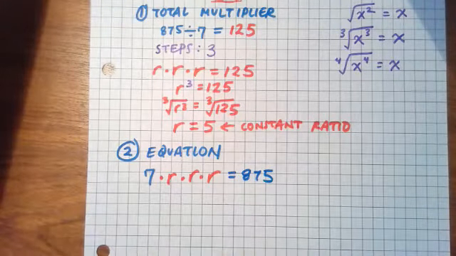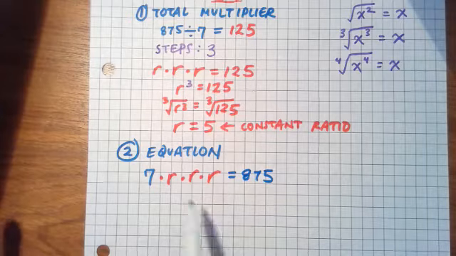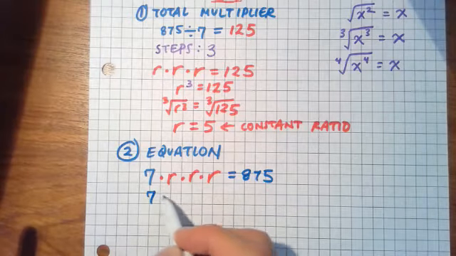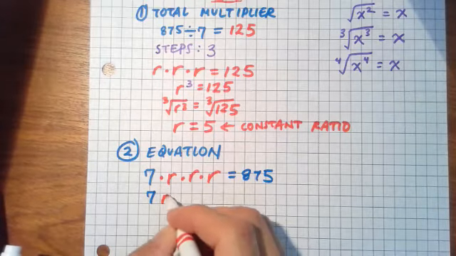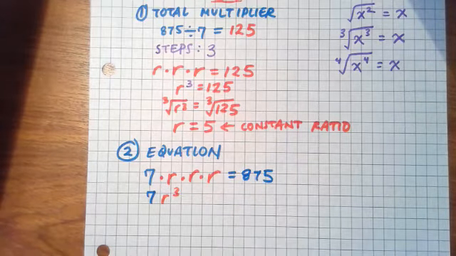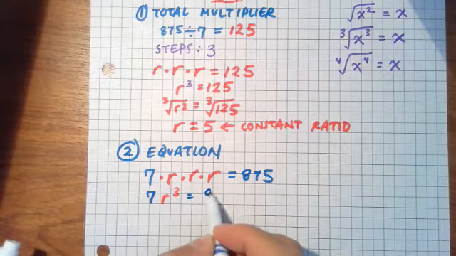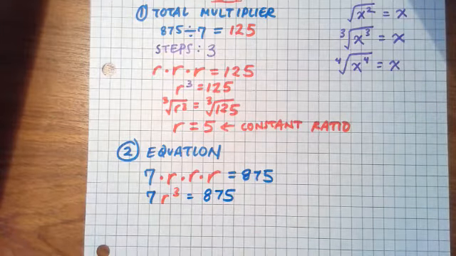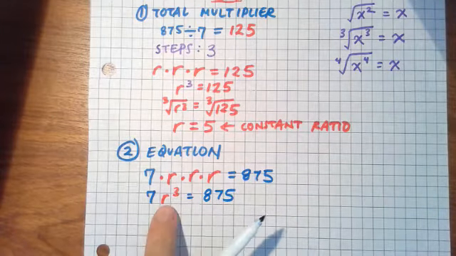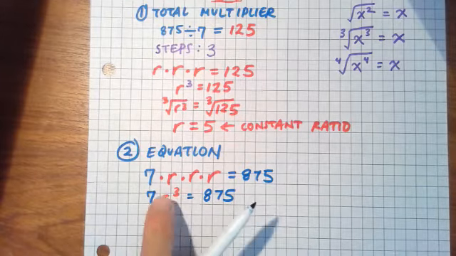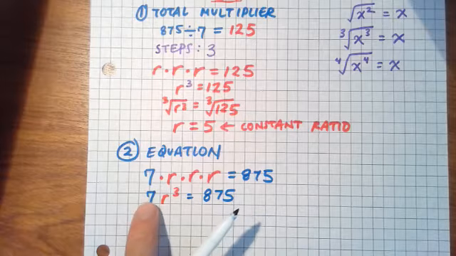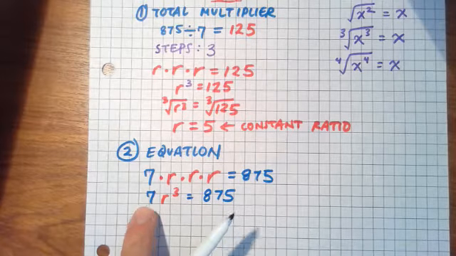R times r times r is the same thing as r to the third power. So I can rewrite this as 7 times r to the third power is equal to 875. And now I can use algebra to get r all by itself. R is being taken to the third power and then multiplied with 7. We want to undo this last step first.